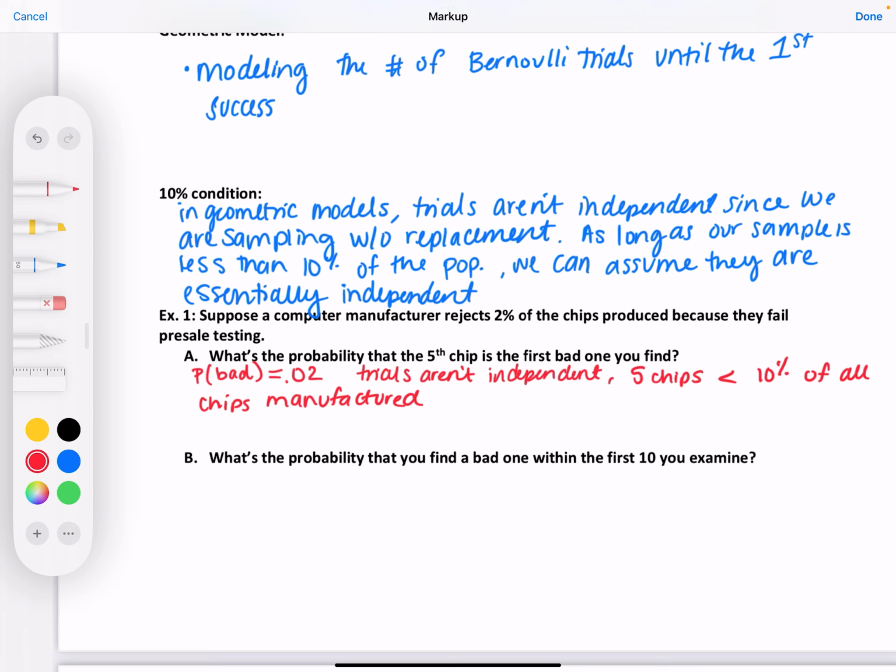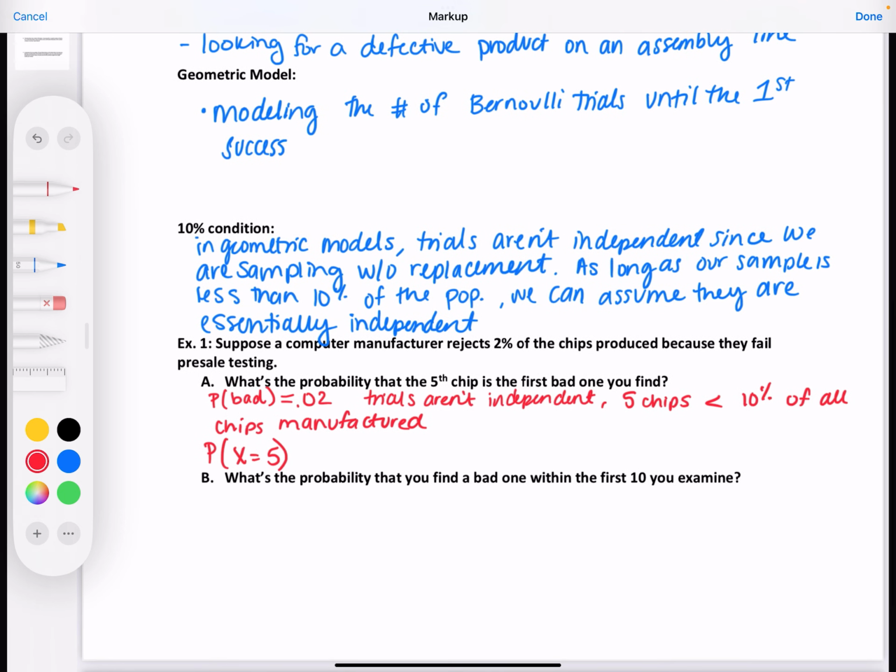So the by hand way to do this is the probability for X being equal to 5. We're looking at the 5th chip being the first bad one, which, even though it's bad, is our success because that's what we're looking for.